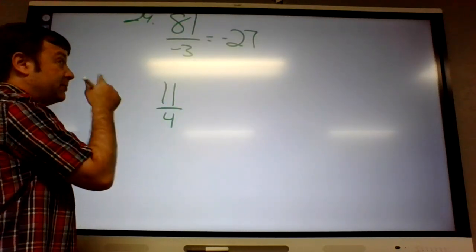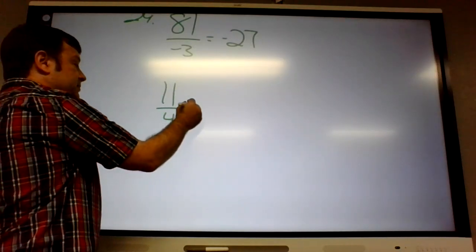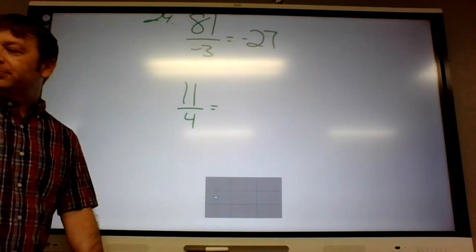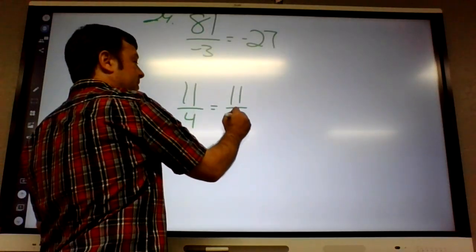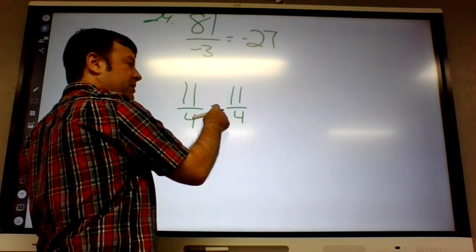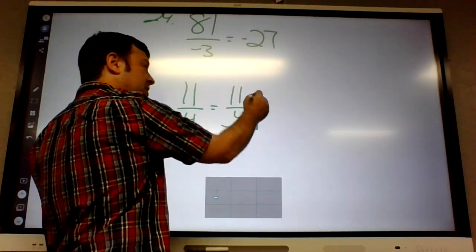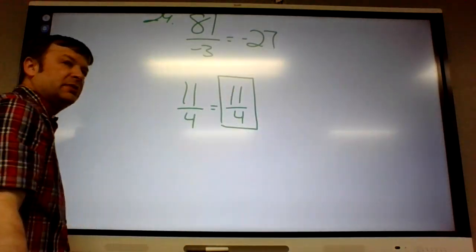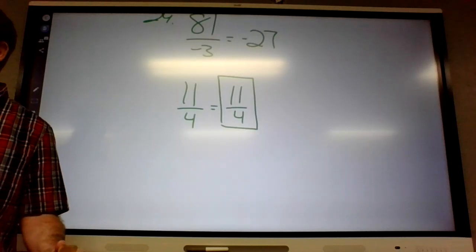It's just 11 divided by 4. That doesn't divide well, so it's equal to 11/4. You could turn it into a mixed number, you don't need to. You could turn it into a decimal. So kind of like number 31, you could leave it as an improper fraction, or you could turn it into a decimal. Either one.